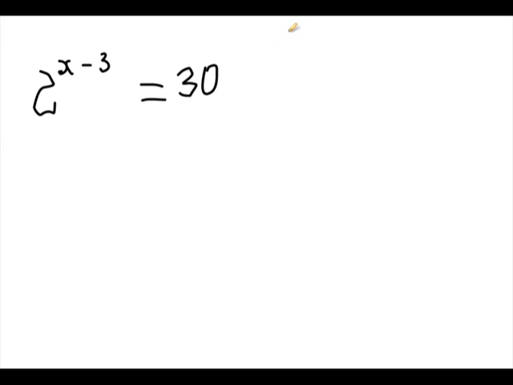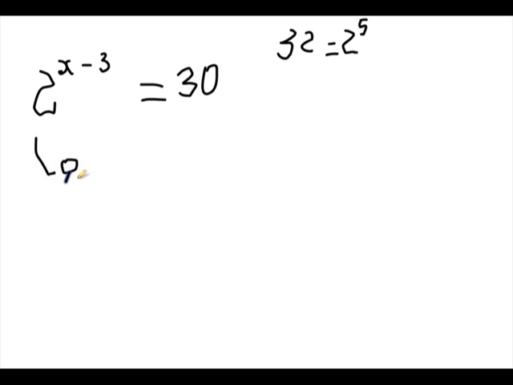If I had 32, I believe 32 is 2 to the power of 5, if I'm not wrong. 2 to the power of 5 is 32, but I have 30, so I can't make any transformation to have the same base. So I have to use the logarithm. Here the only way to solve this is to compute the logarithm of both sides.